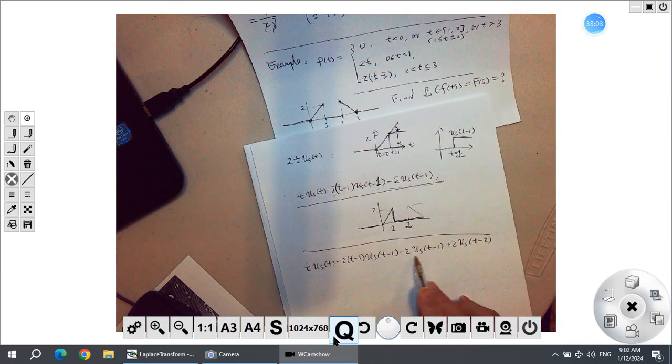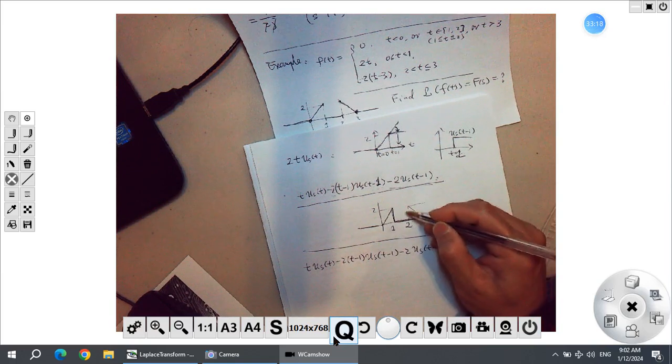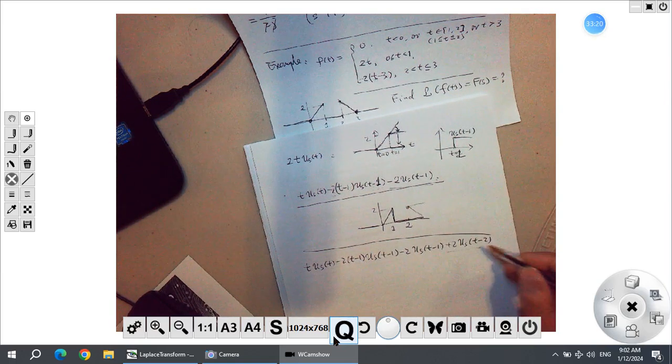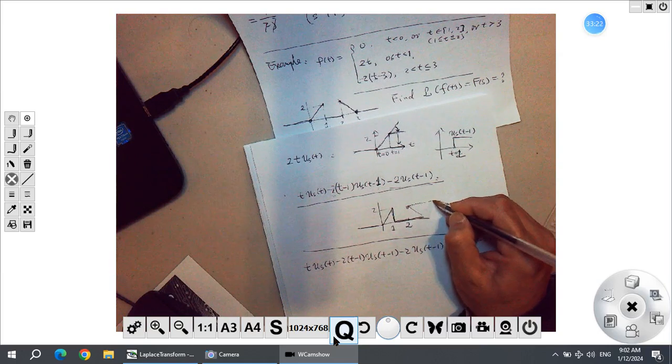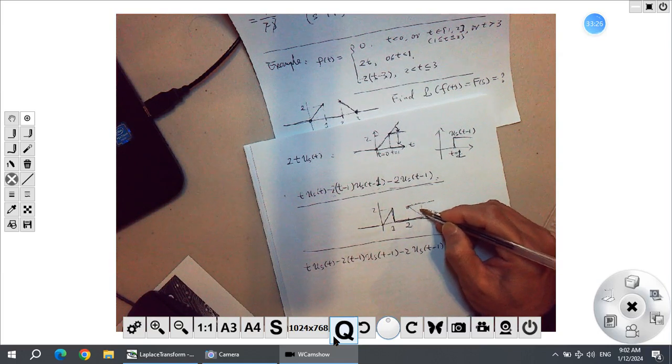These two are different. You see, this step happened at t equal to 1. Jump down by 2 at time equal to 1. This is jump up by 2 at time equal to 2. So after I add this term, I get a signal looking like this. The value goes to this. Now I need a negative ramp, right?